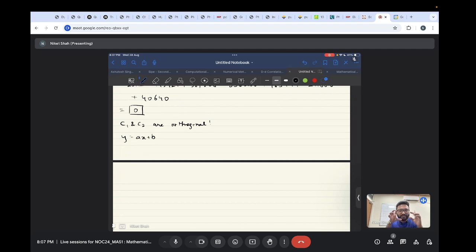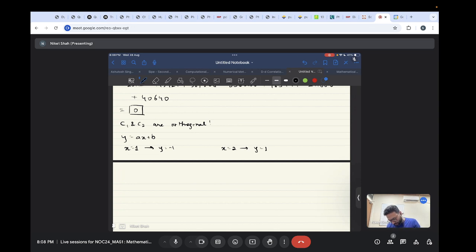What I want is that in this range y should go from minus 1 to 1, so x equal to 1 should imply y equal to minus 1, and x equal to 2 should imply y equal to 1, because the new limit has to be from minus 1 to 1, the old limit is from 1 to 2.